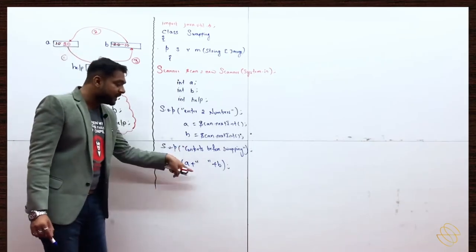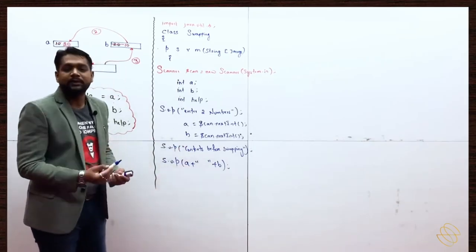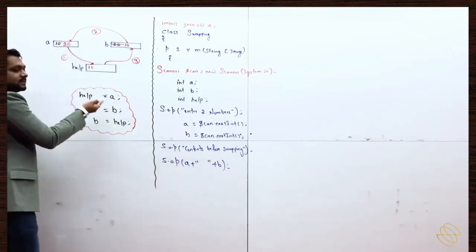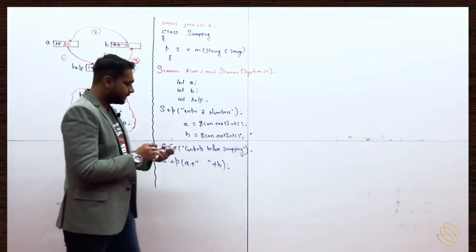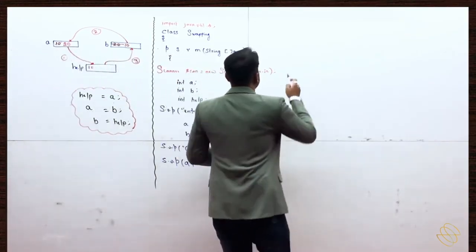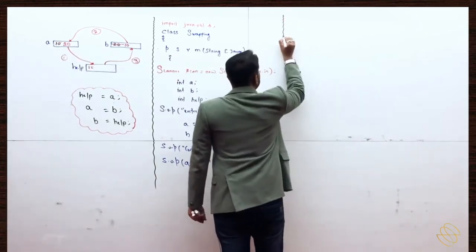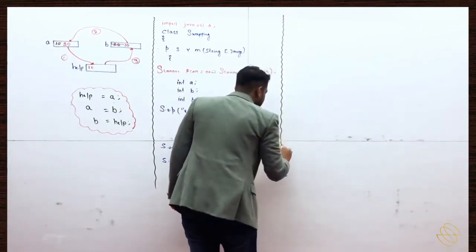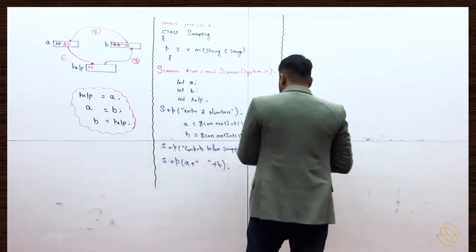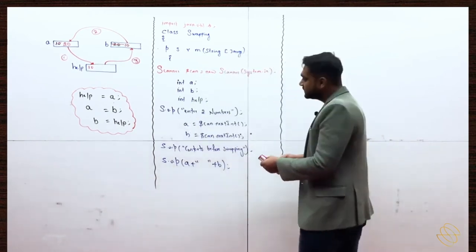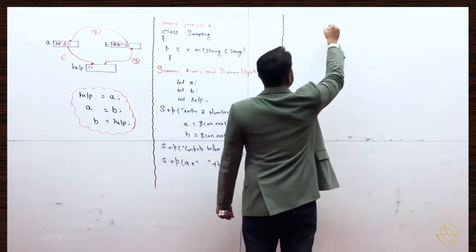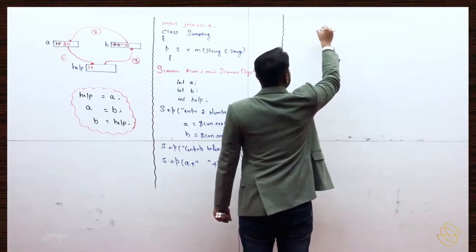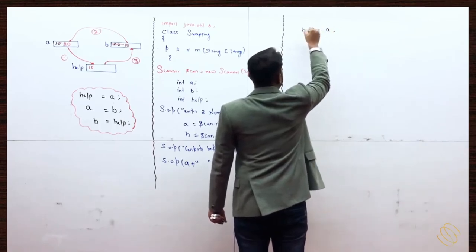Now before swapping I have printed. Now I have to swap. How will I swap? This is the logic to swap. Let us write that logic. Now I need to swap. So whatever is there in the first variable, I will take it and give it to the helper variable.